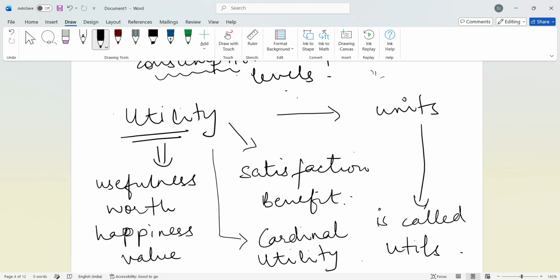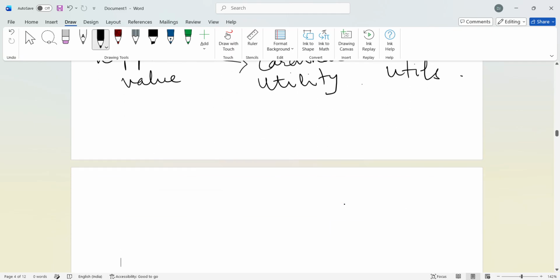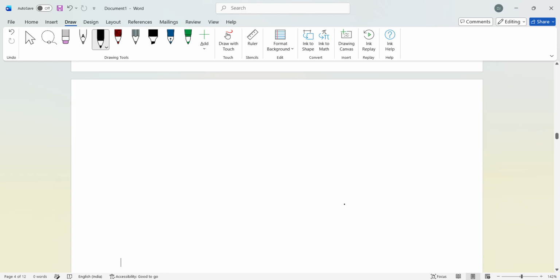Now, with utility, what's more important is that we come to two terms that utility is related to. One is your total utility.